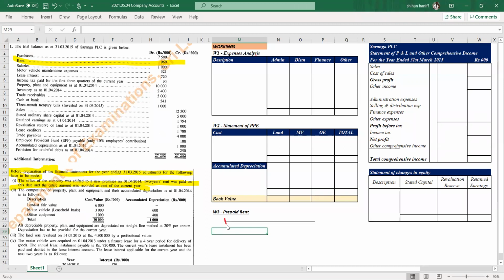our financial year starts 1st of April 2014, and the year end is 31st March 2015.